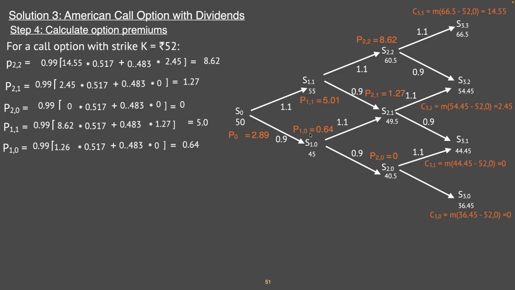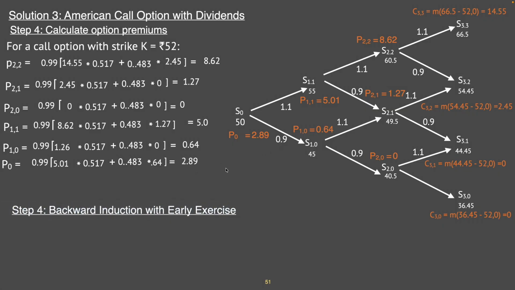Now the value of P0 uses the same formula: e to the power of minus rT, which becomes 0.99, into 5.01 into the probability of up move 0.517, plus 0.483 into P10, which is 0.64, giving 2.89. Now we have to calculate the backward induction with early exercise also. For each node we have to calculate the early exercise option.